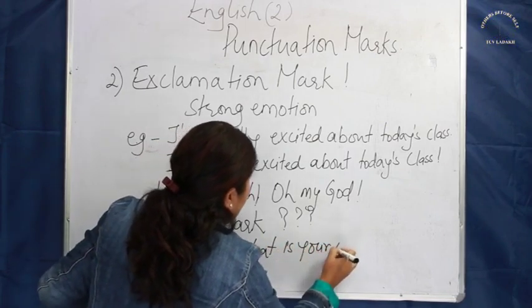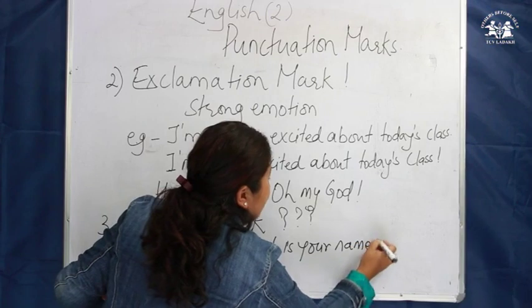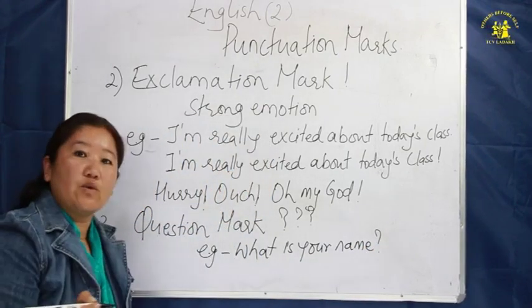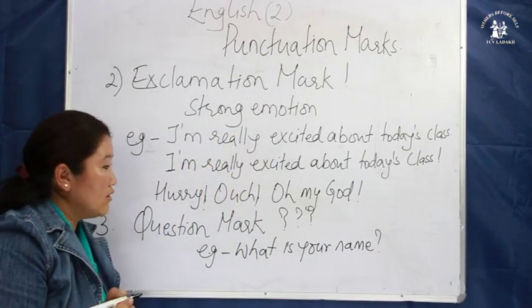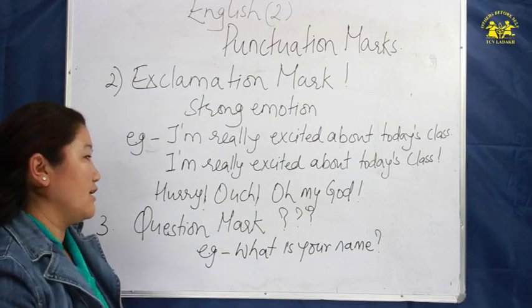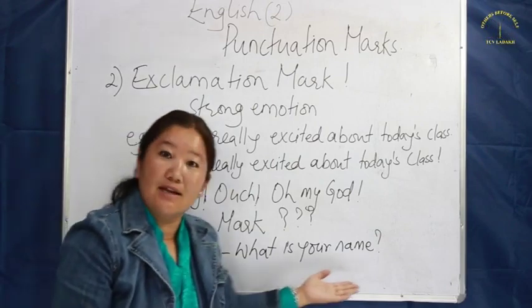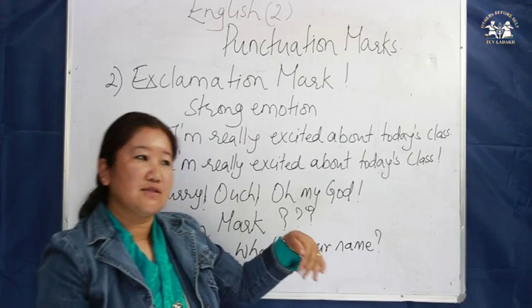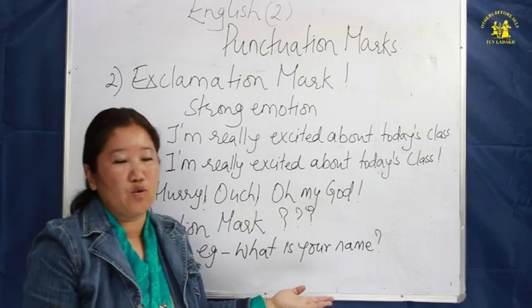When you finish asking the question, you use a question mark. Or you can also use it with a yes/no type of question. Have you seen the latest movie? The answer could be yes or no.